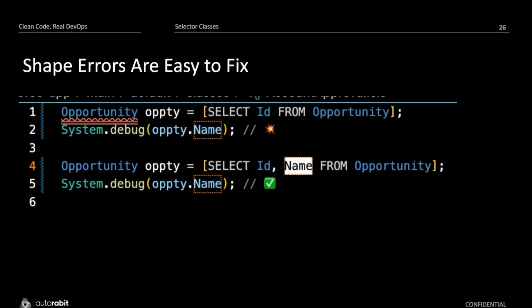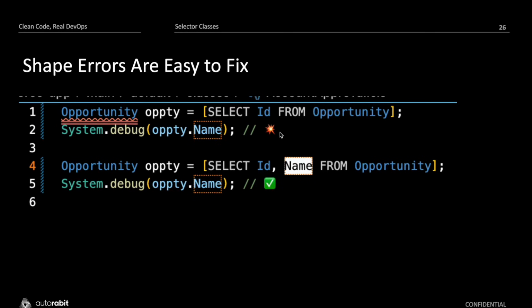And the argument that the maintainers of the library use is that, well, if your queries are consistent, then all the objects that come back from those queries have the same shape. And so let's imagine that we say every time we get an opportunity from a query, we have to have the name. So if you look at the first example here, if you don't query the name and then you try to reference that name, you're going to get a SOQL exception.